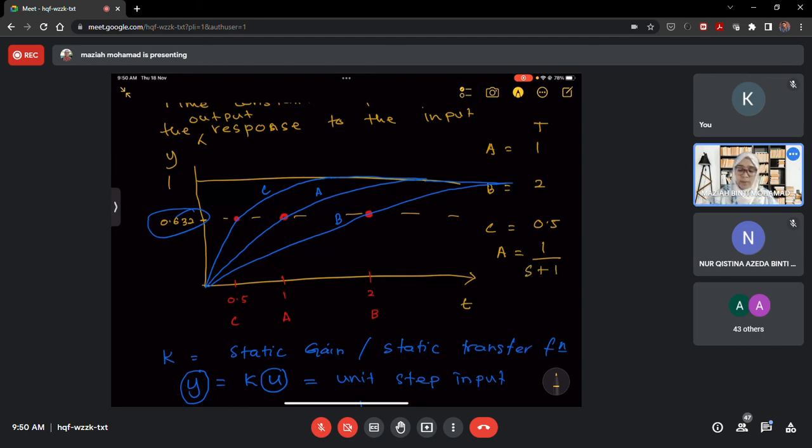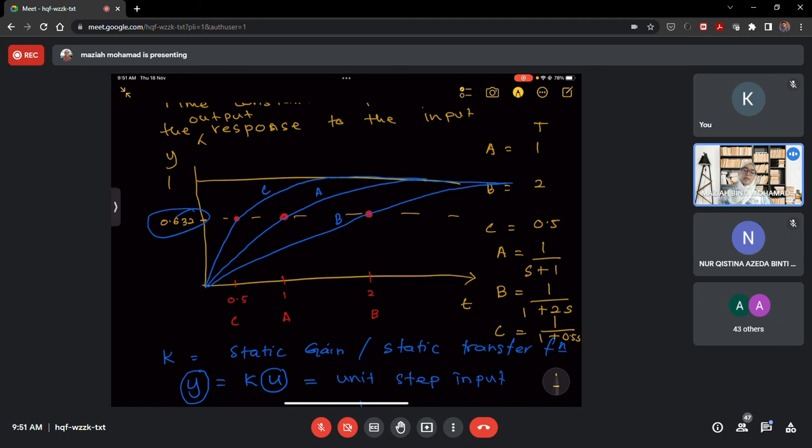T is 1. B is 1 over 1 plus 2S. And C is 1 over 1 plus 0.5S.